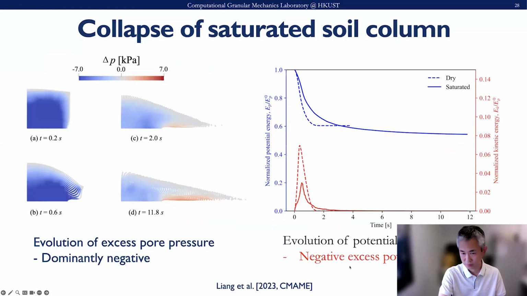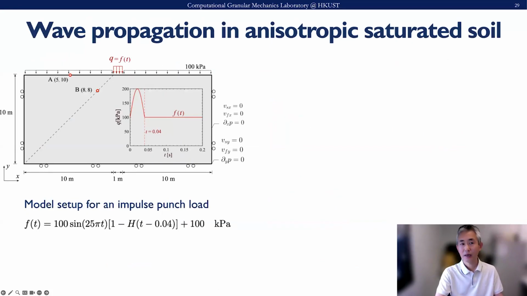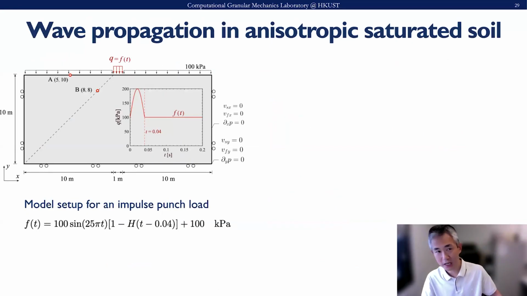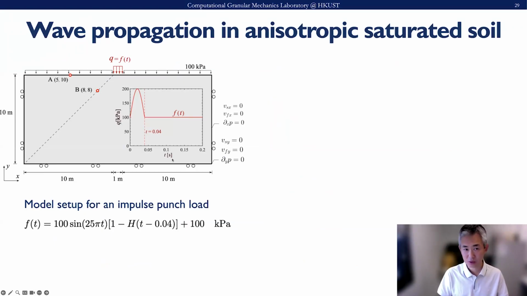Another interesting problem we tackled is a wave propagation problem in anisotropic saturated soil. Again, it is quite a similar problem to the first one we demonstrated. You have a saturated soil domain with an undrained condition applied to the surroundings. At the ground surface, you have a surcharge.